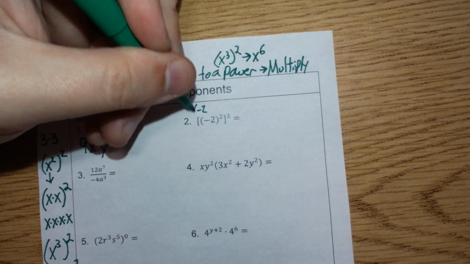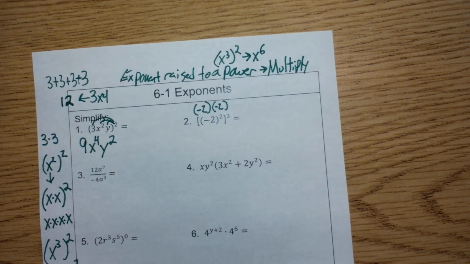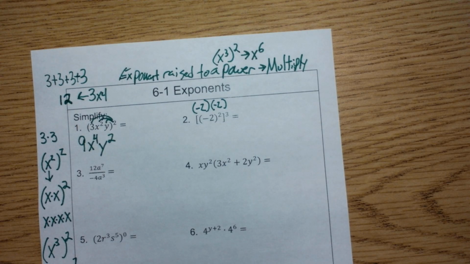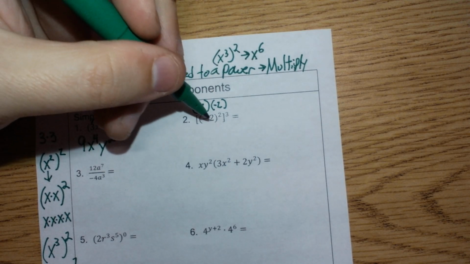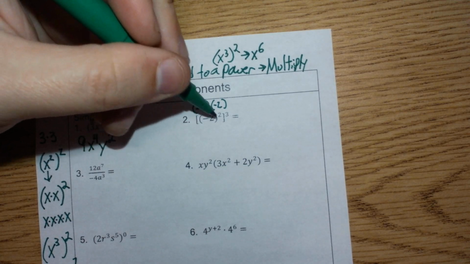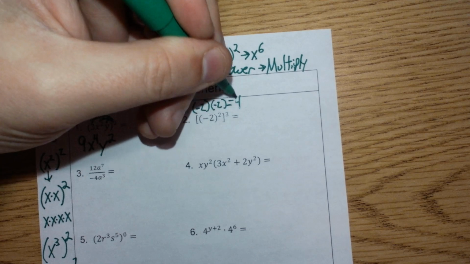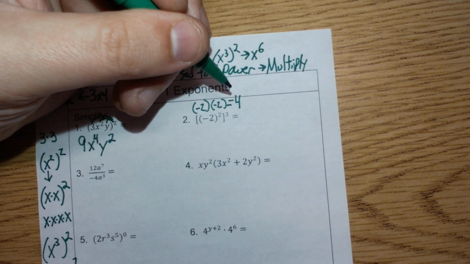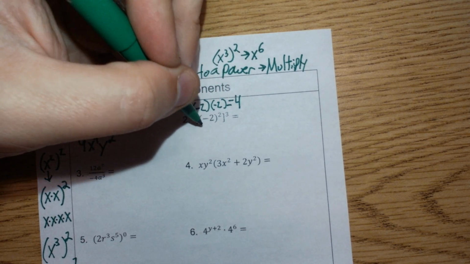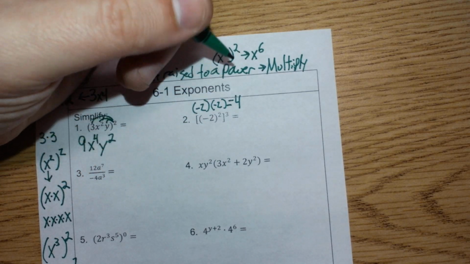So remember, that would be doing -2 times -2, and this is one where, if we put it in the calculator, you've got a chance of getting it wrong, because if you put in -2 squared without parentheses around it, it's going to give you a negative when it should be a +4. So make sure, if you're going to put it in the calculator, that you put parentheses there. That way it applies it correctly.